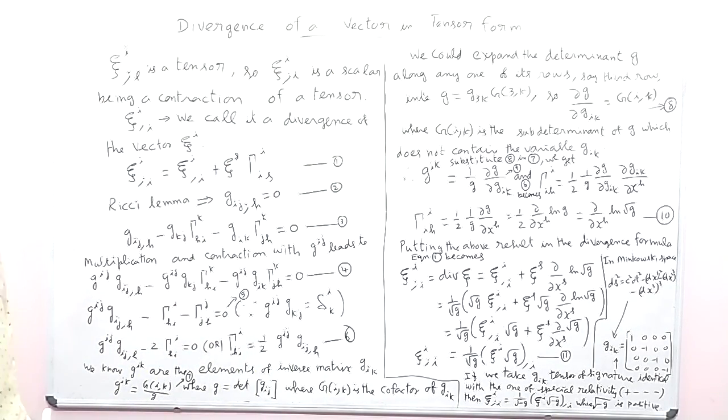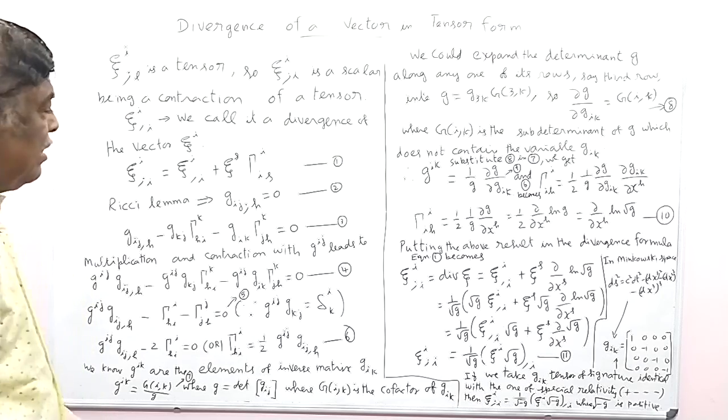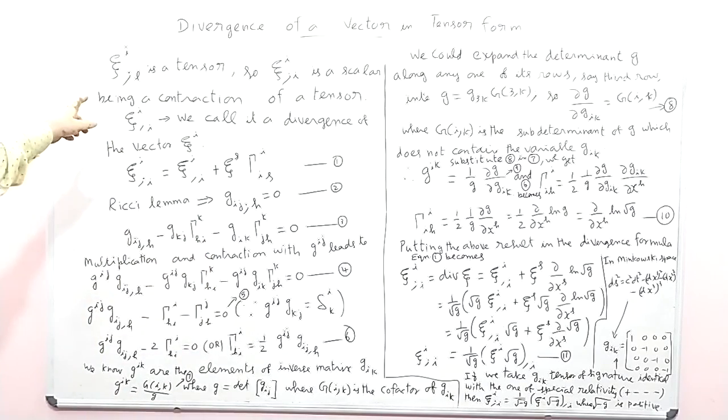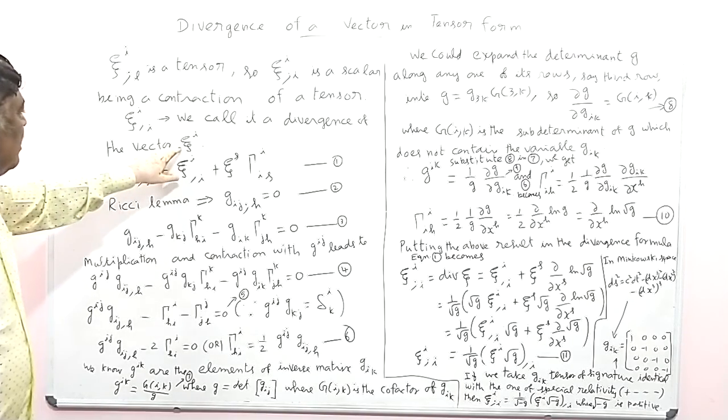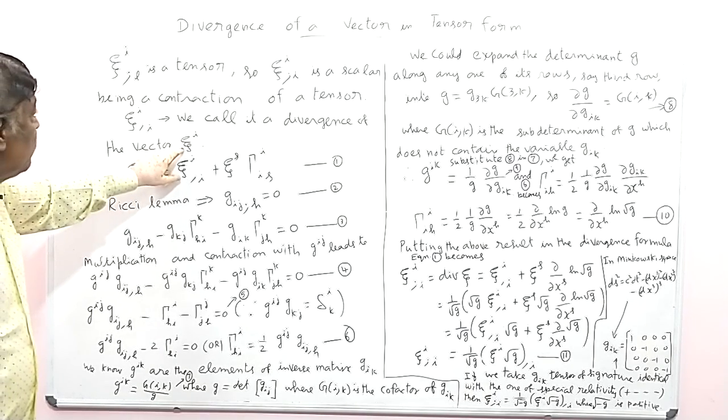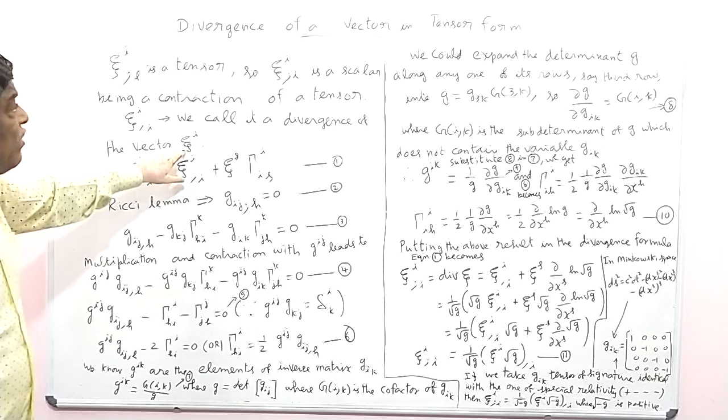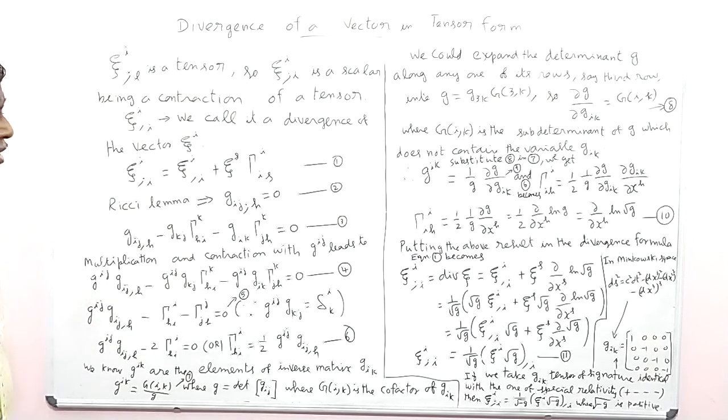So far we have defined the tensor form of divergence. So the divergence of this vector is a tensor scalar.